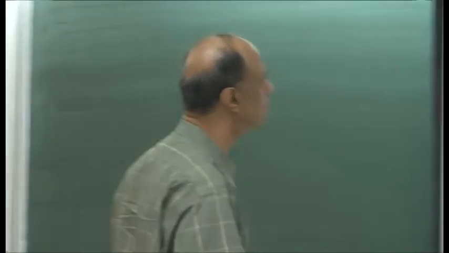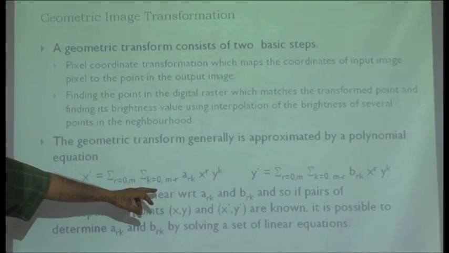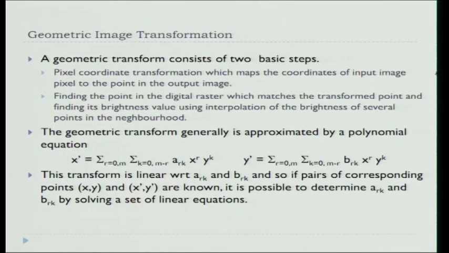So, generally we assume it is a polynomial of degree n, but we assume not more than 3, right, because you can think of degree k, but the problem is that as you increase the degree k, you have to estimate k plus 1 coefficients for x dash and k plus 1 coefficients for y dash.